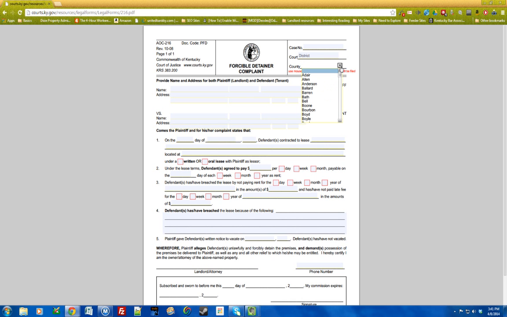You have the pull down for your county, so we'll just select the county. You put your name, whatever you like there. This is your address. This is for the purposes of serving you the judgment, any other papers related to the case.